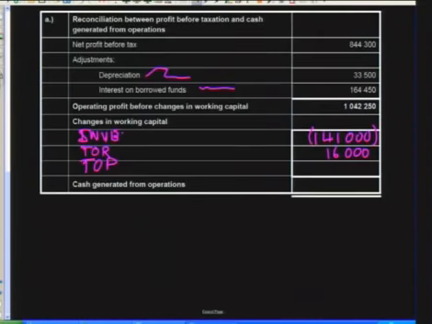So in my answer book, 10,530. That's my trade and other payables.